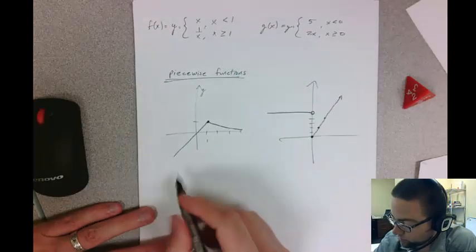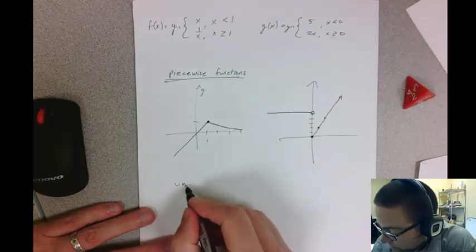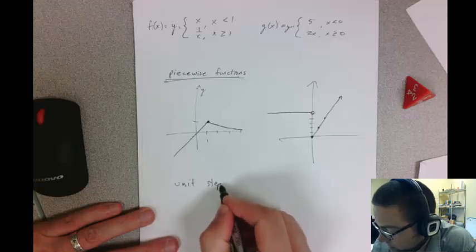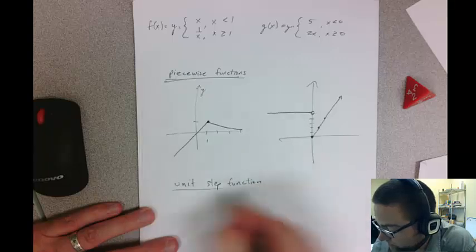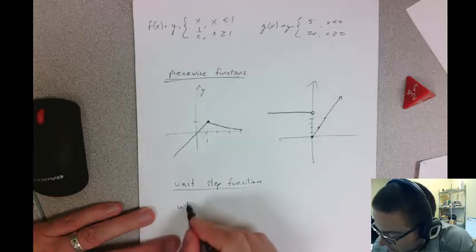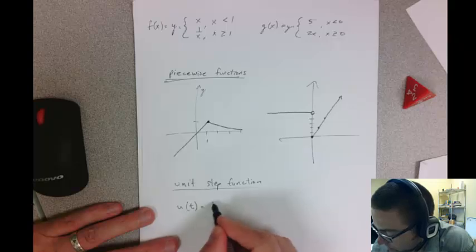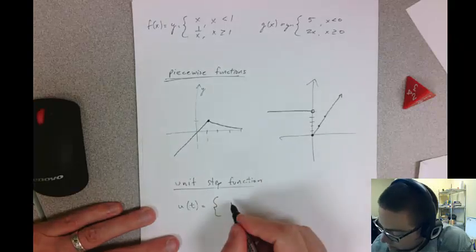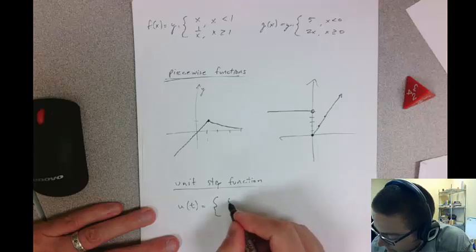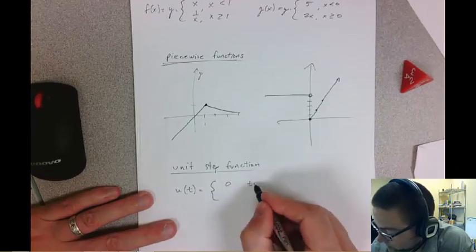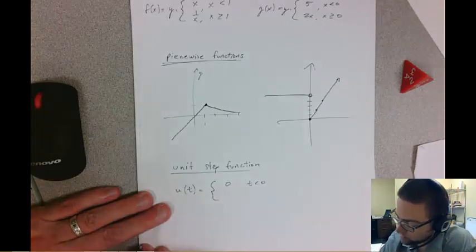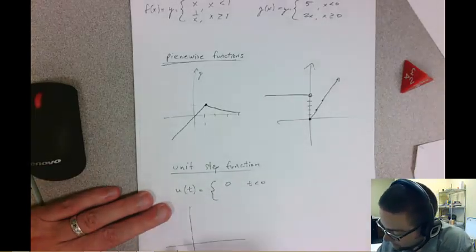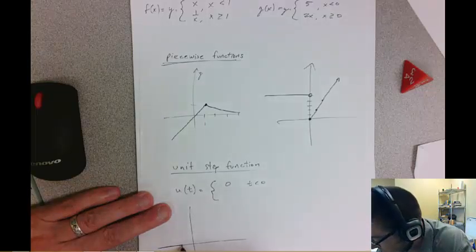One of the most important piecewise functions is the unit step function. The unit step function is kind of like a switch. We just say u of t is equal to 0 when t is less than 0. So it's going along, it's valued at nothing, nothing, nothing, and it hits 0, and we have an open circle.